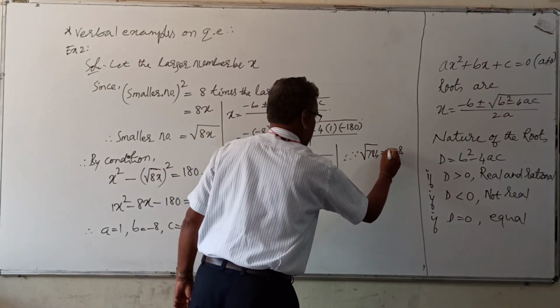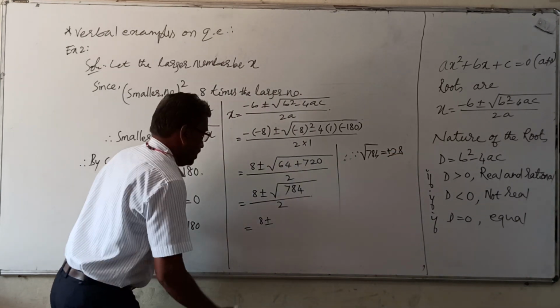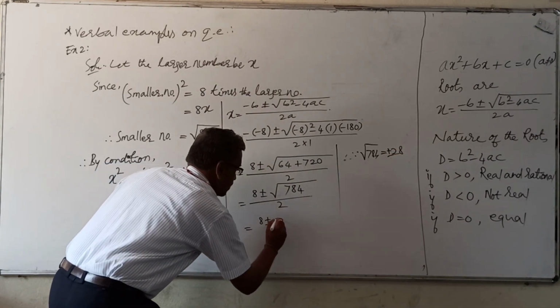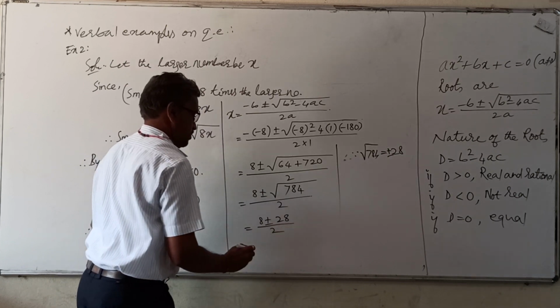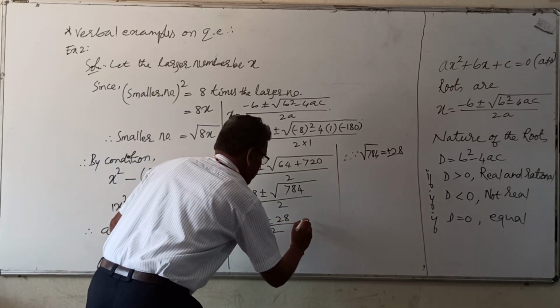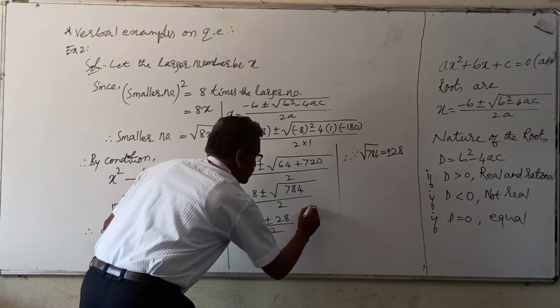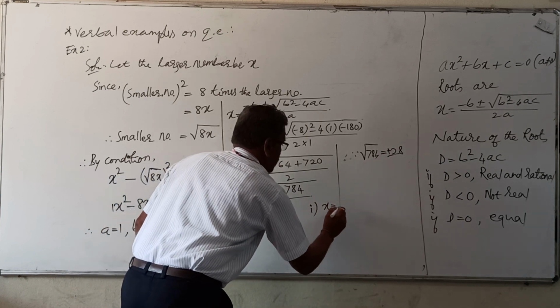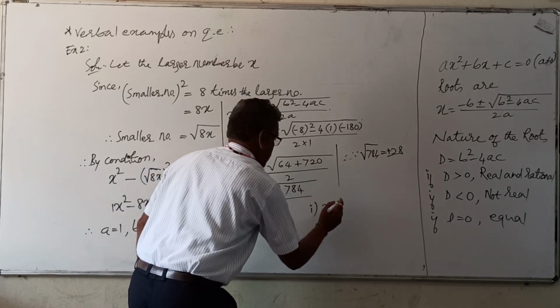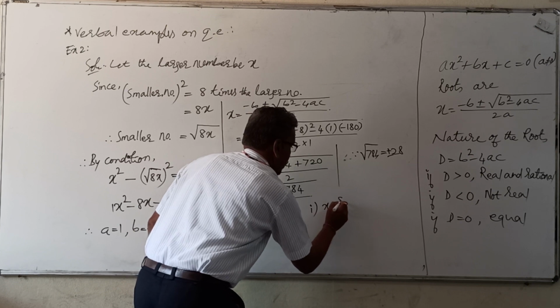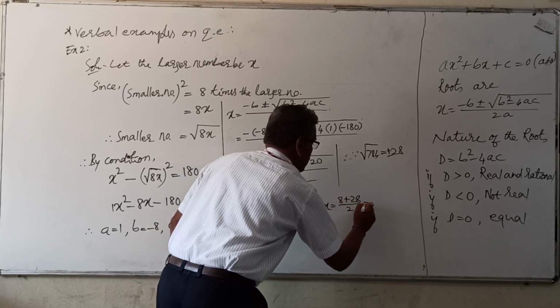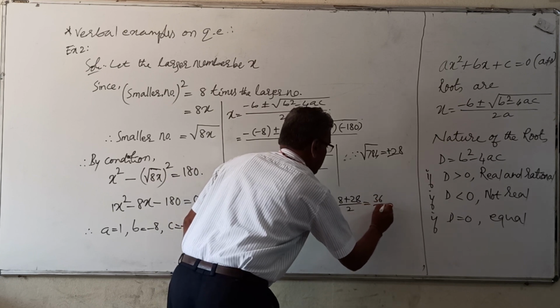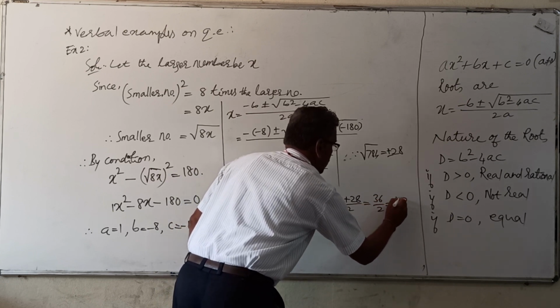So 8 plus or minus 28 divided by 2. Therefore x equal to 8 plus 28 divided by 2, equal to 36 divided by 2, equal to 18.